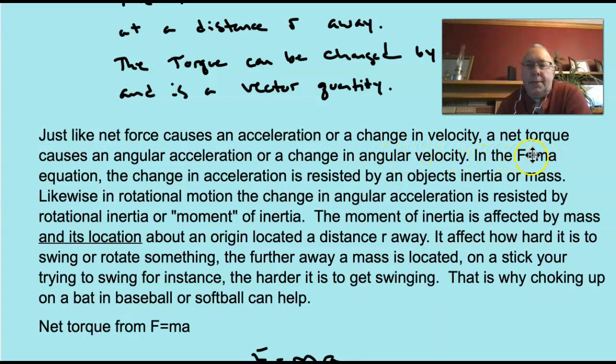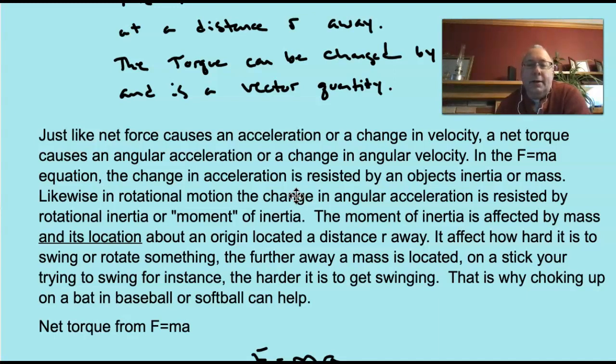In the F equals ma equation, notice that there's also the m. The change in the acceleration is resisted by the object's inertia or mass. That's the first law. Likewise in rotational motion, we should expect that same type of thing. Objects just won't rotate freely, otherwise a small torque would produce an infinite acceleration.